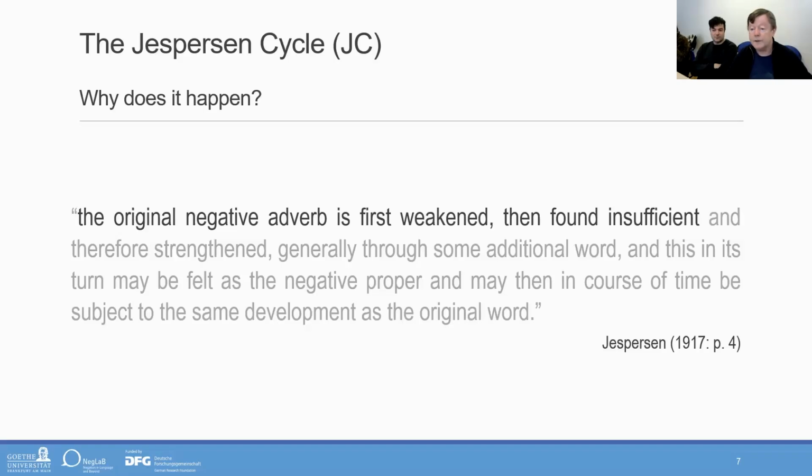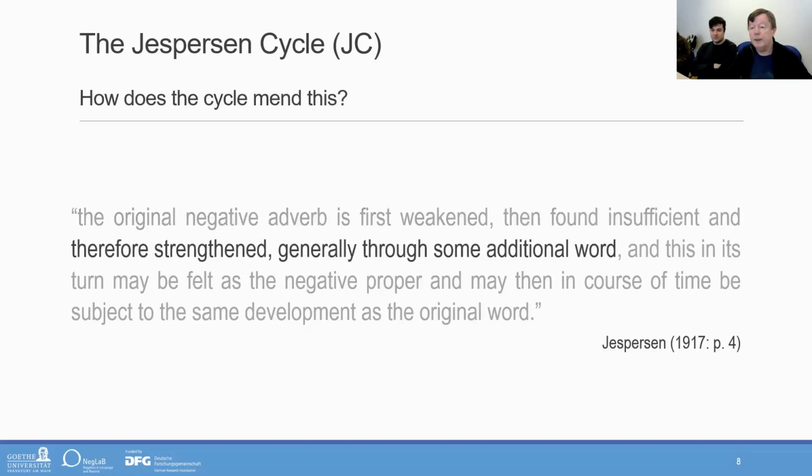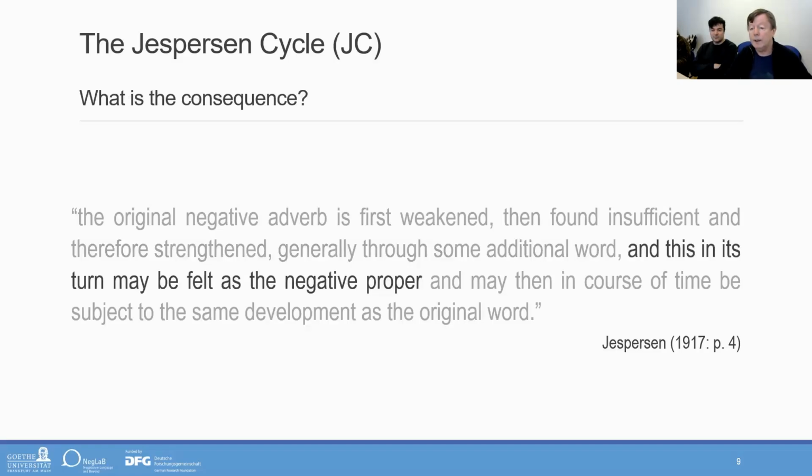The trigger for starting the cycle is, for Jespersen, that the original negative adverb is weakened and found insufficient. And this is met by the addition of a strengthening word. And this strengthening word can eventually be felt as negative proper, and the original negative particle disappears.